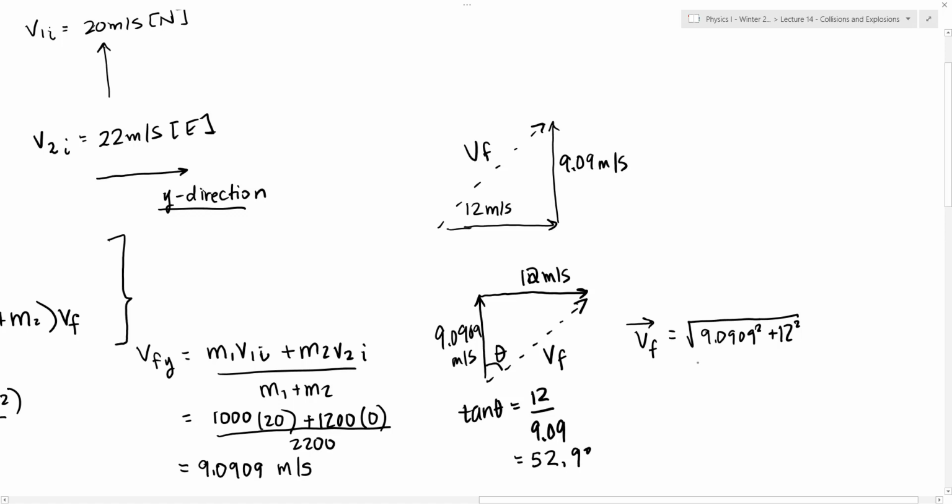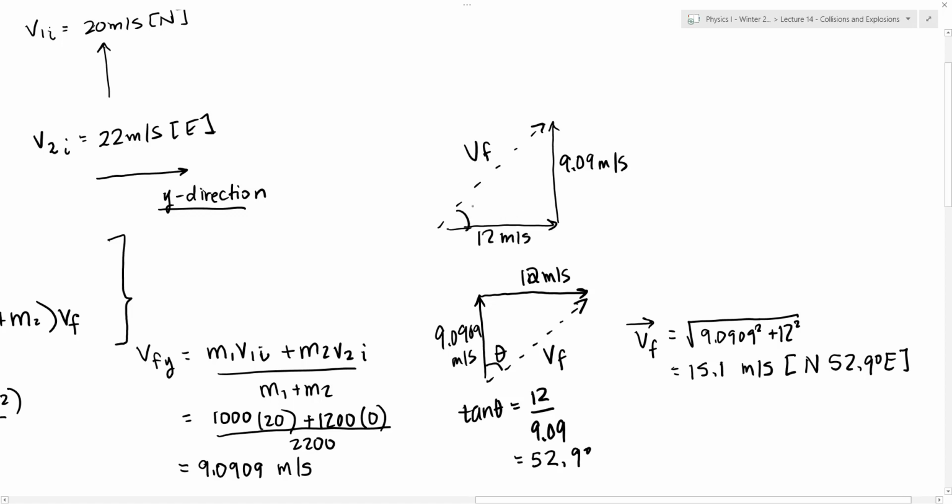And I get 15.1 meters per second, and the direction would be north 52.9 degrees east.